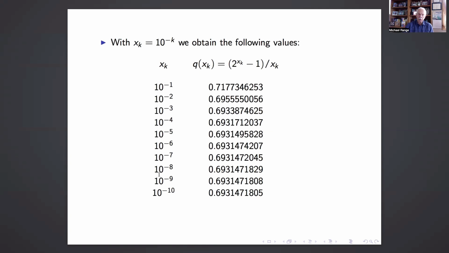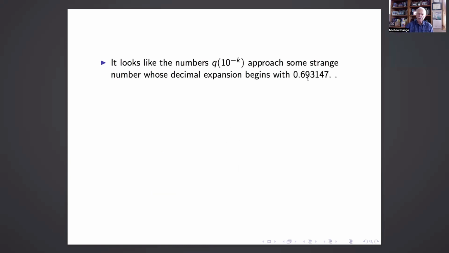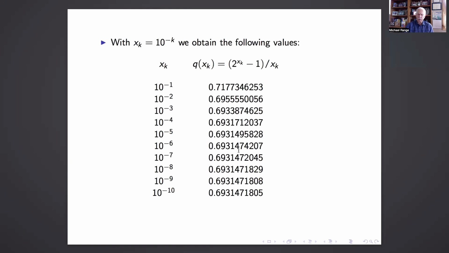Here are the various inputs, and this is what the calculator gives us, just the first 10 digits. And you notice that these values seem to approximate something that certainly begins with 0.693147. That's what we have here. These numbers stay constant all the way, and there are just changes at the next digits.